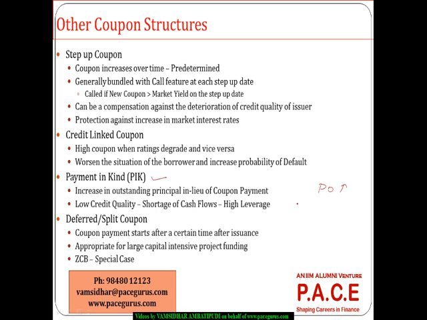So especially for those firms which have a shortage of cash flows in the beginning, or firms which are using high leverage, where the debt is higher compared to the equity, the interest payment would be drastically higher. If the interest is much higher and the cash flows are much lower, the quality is going to go much worse.